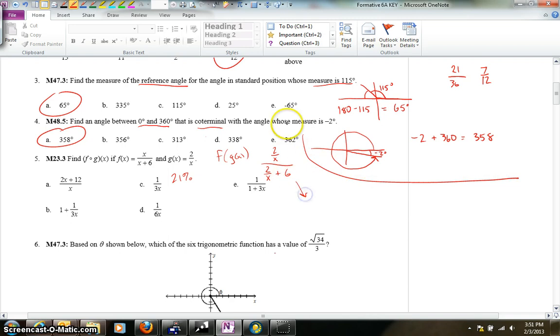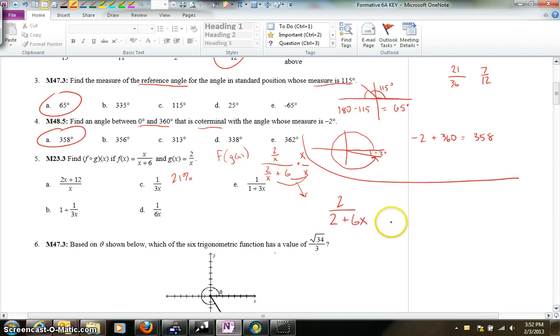That would mean we want to simplify this. You've got a couple options here. One is you can plug in some values for x and figure out which of these multiple choice options works. That's an ACT skill we've talked about. But the simplest way is to multiply this by x over x, because 2 over x times x will just be 2. Do the distributive property in the bottom here. 2 over x times x is again 2, but then I also have to multiply it times the 6, so I get 2 plus 6x.